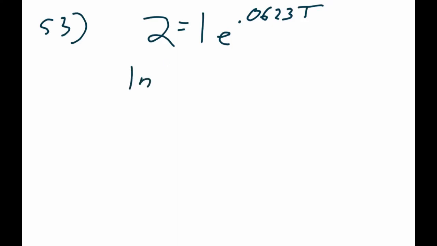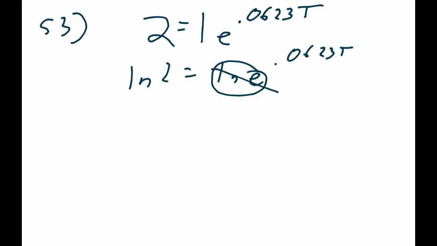Problem number 53. Find the time it takes to double if we compound continuously. Well, I always start out with my $1 that I have. The rate is 6.23%. And if I double my $1, eventually I will have $2. So I'm going to take the natural log of both sides. And then the fortunate part is that the natural log and the e will cancel each other out.